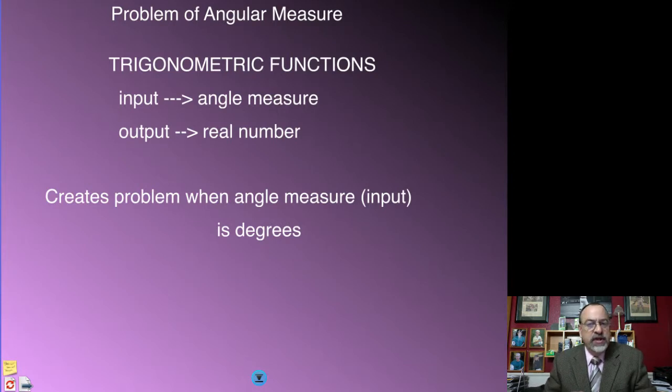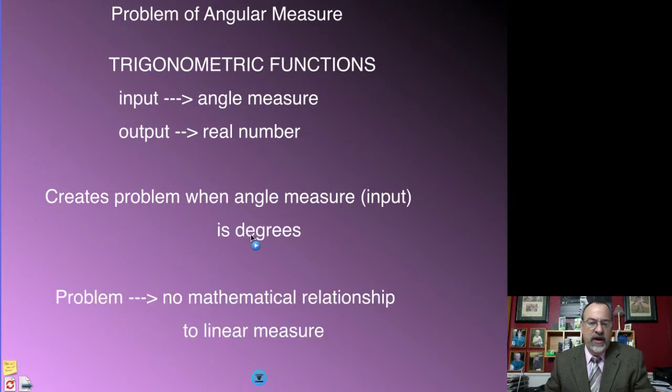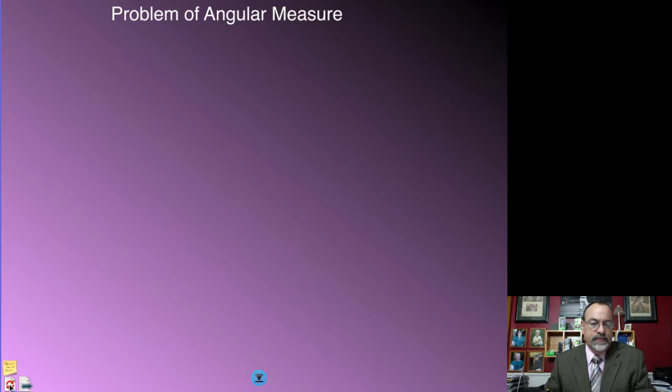And so what's the connection? You should be asking, well, we're putting in measurements of angles in degrees. What's the connection with the unit that we get out? There really is no mathematical relationship between that angle measure, which is in degrees, and the linear measurement that has to do with the circle that you're dealing with.